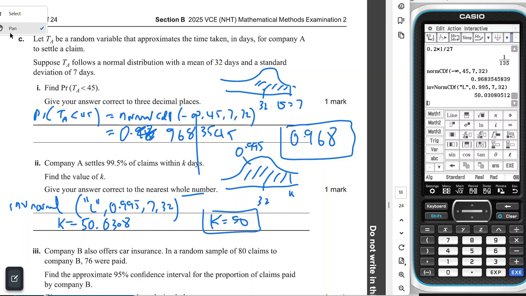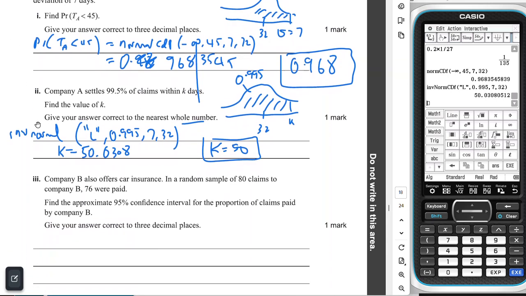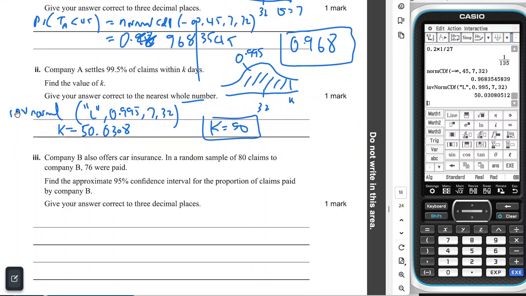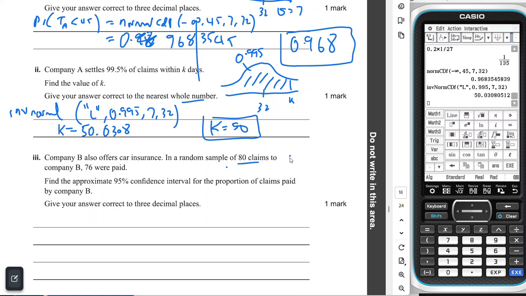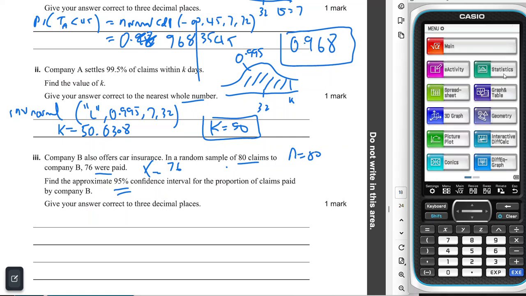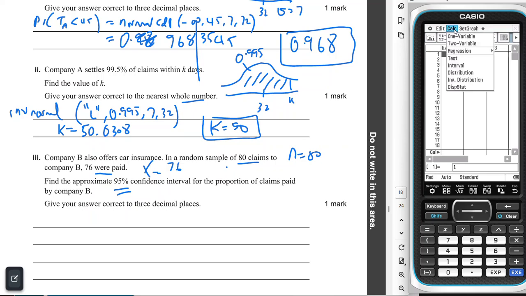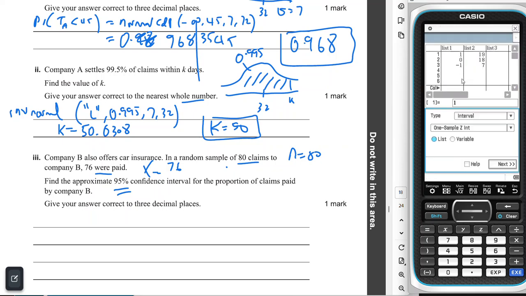Company B also offers car insurance, and I'm doing random sampling now. N equals 80, X equals 76, 95% confidence interval. Okay, so I'm going to go to statistics, calc, interval, 1 prop Z, and I'm going to go across.